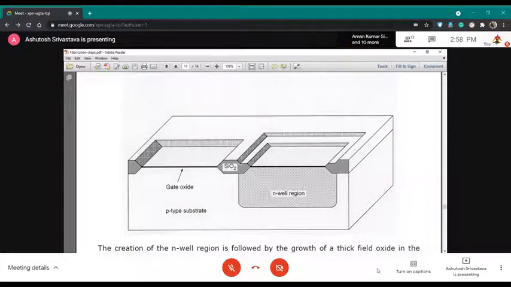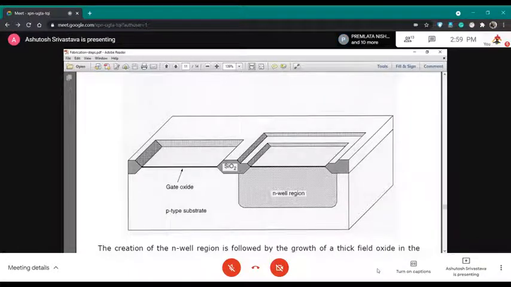You grow the field oxide between the two transistors, which is here and here, as well as the adjacent transistor, which is here and here. So these are all field oxide, which is acting as an isolation layer between different adjacent types of transistors.